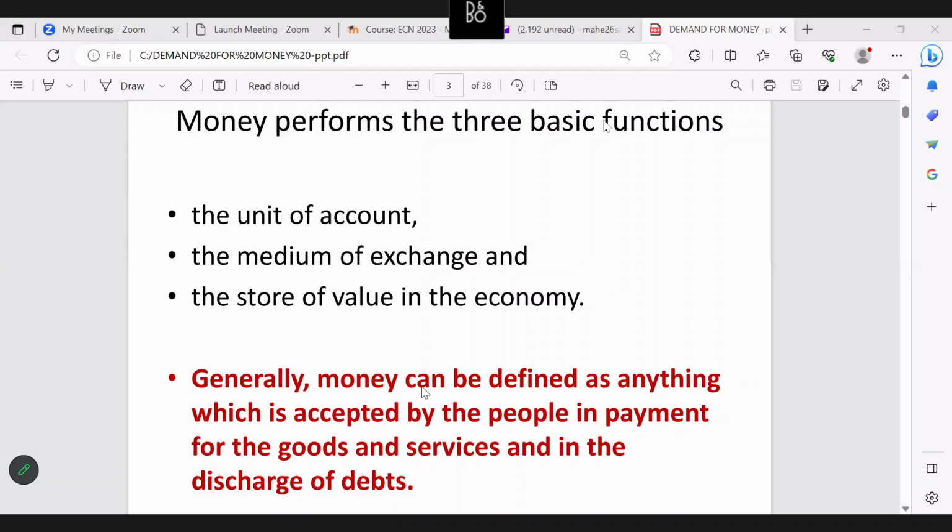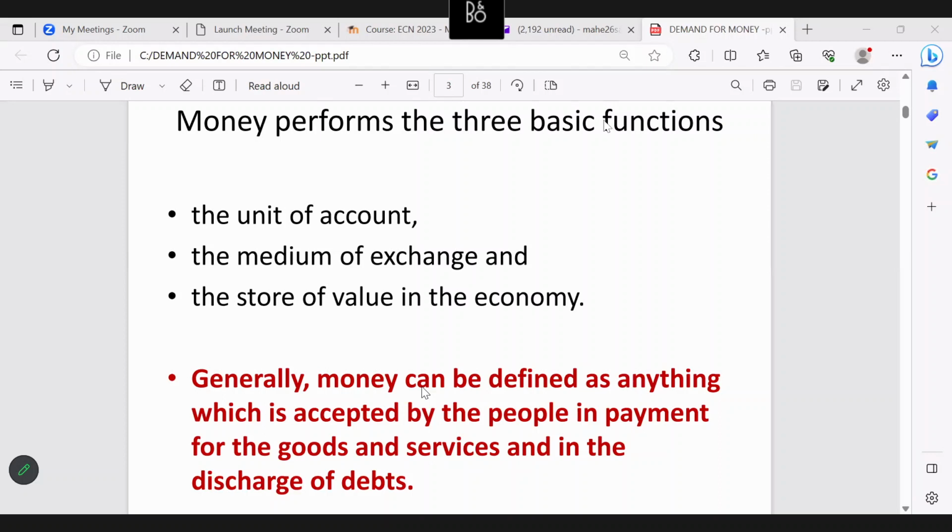But nowadays without money we can't exchange anything. Whatever we think and imagine as money, through that object we exchange goods and services or transactions of a country, nation or our business. Medium of exchange is the second basic function.